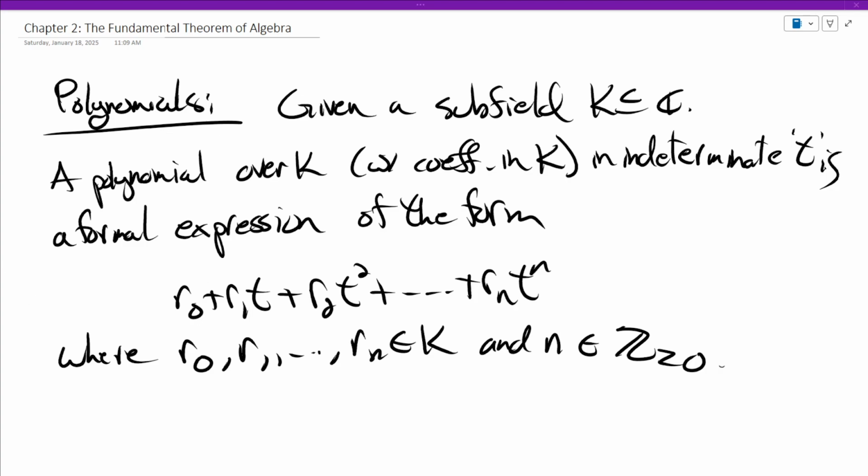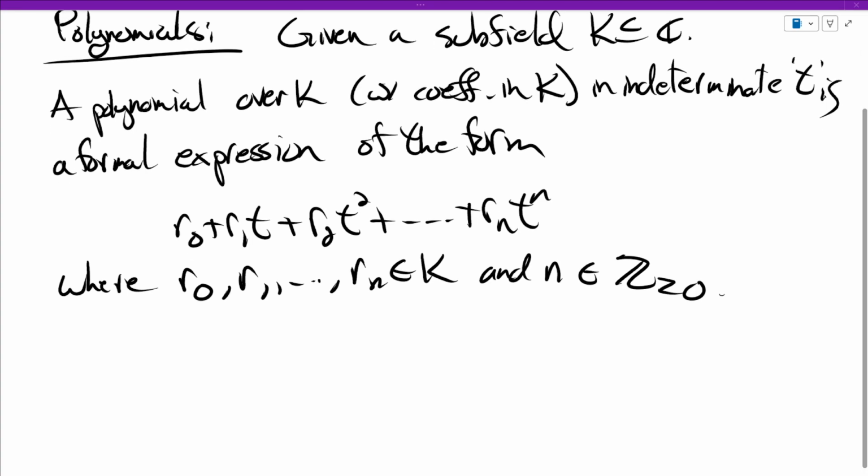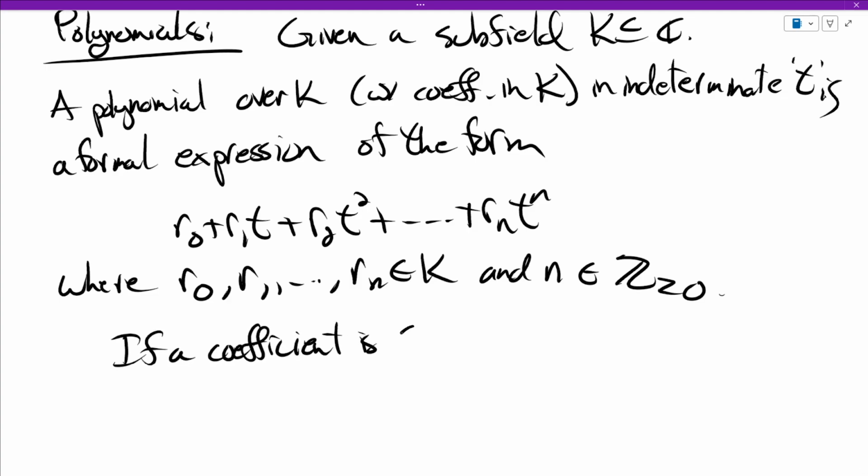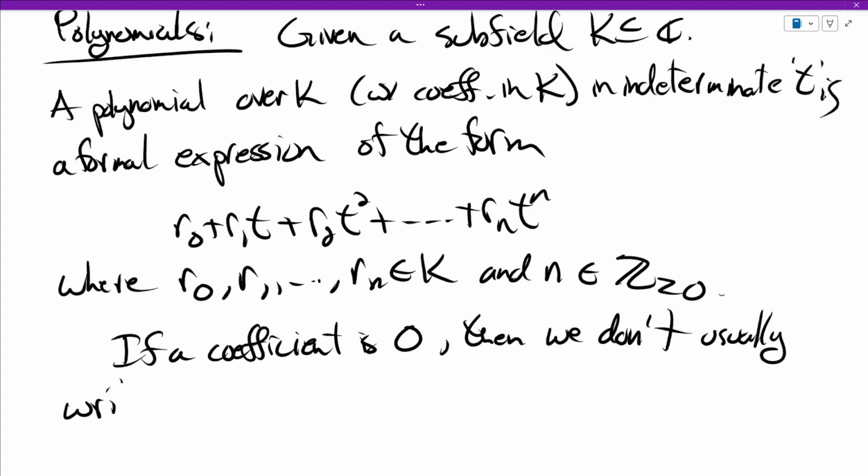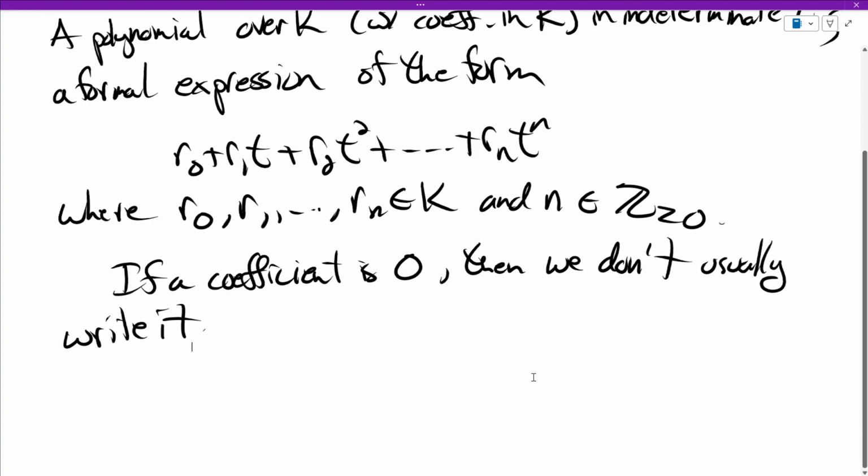And it's understood that if a coefficient is 0, then we don't write it. Well, I should say we don't usually write it. And we will often just use notation to refer to a polynomial.